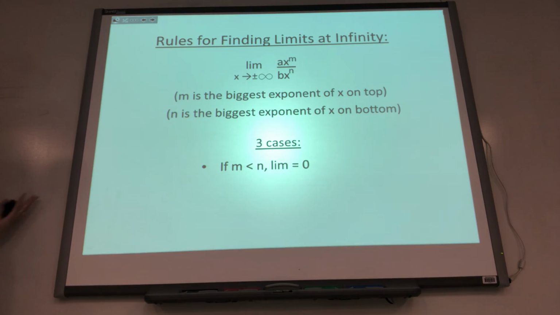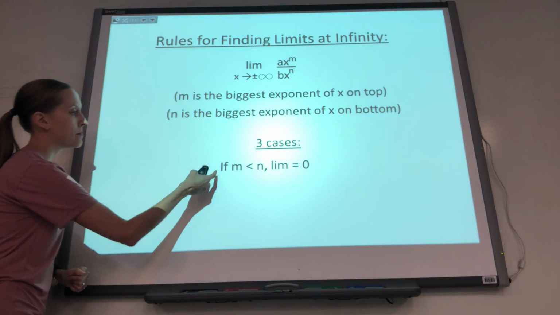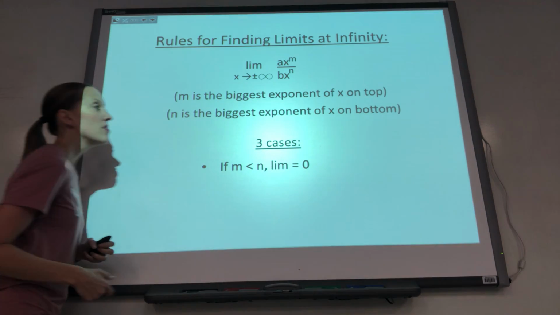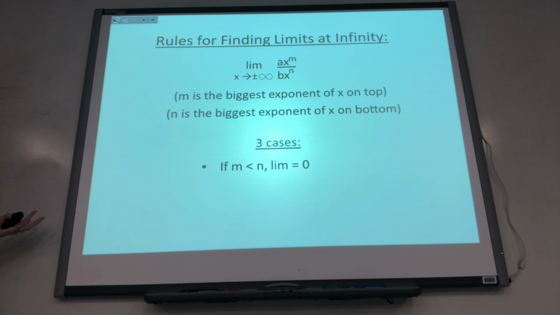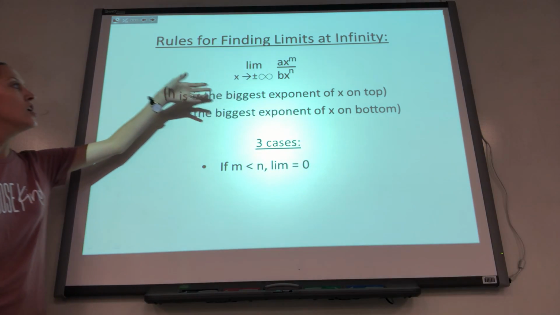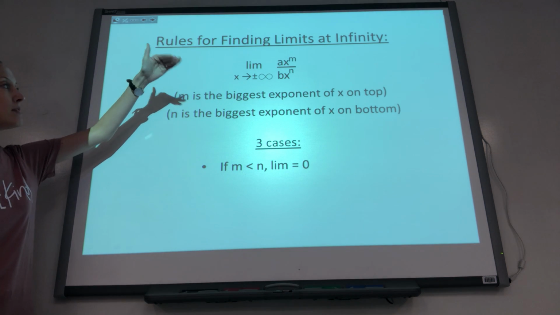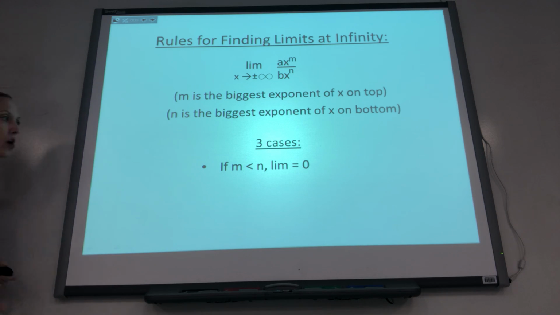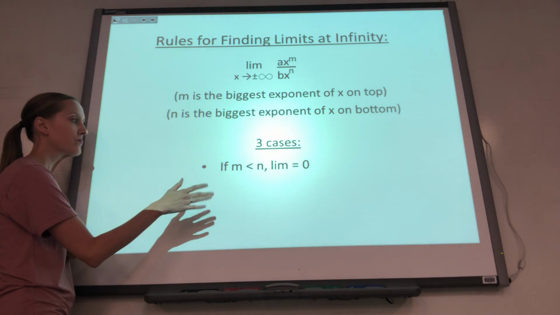Now, case 1, you don't really have to call it case 1 if you don't want, but one of the cases says if m is less than n, so biggest power of x on top is smaller than the biggest power of x on bottom, the limit is just going to equal 0. I don't care if you're approaching positive infinity or negative. If m is less than n, your answer is 0, and you don't even have to do any work to show it. It's just 0.